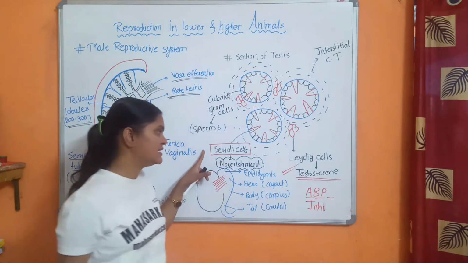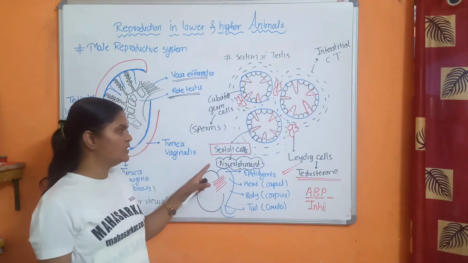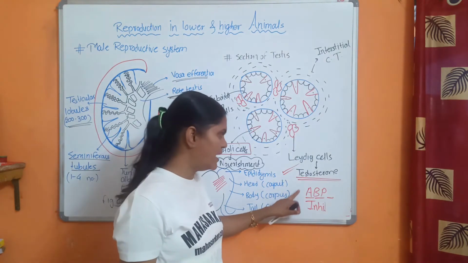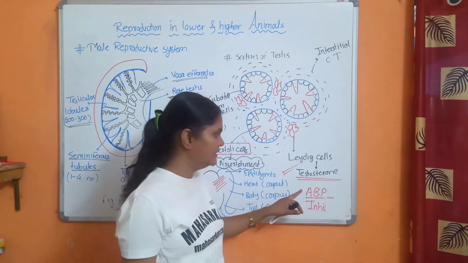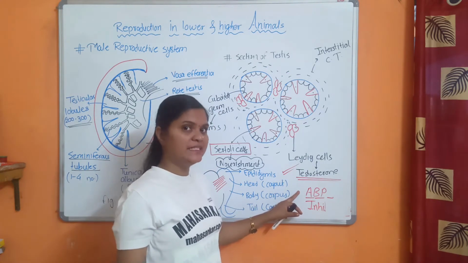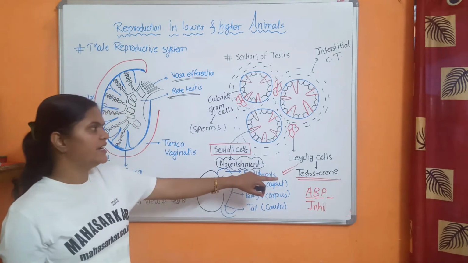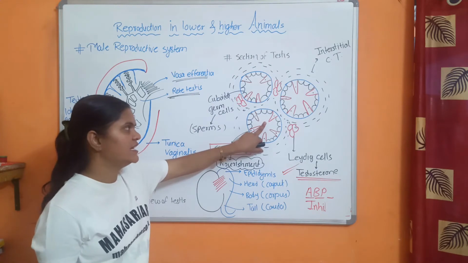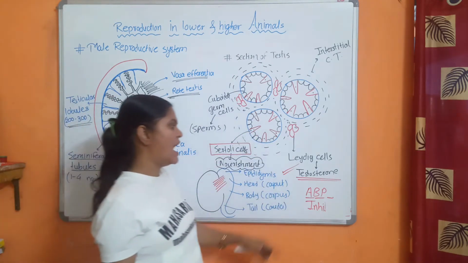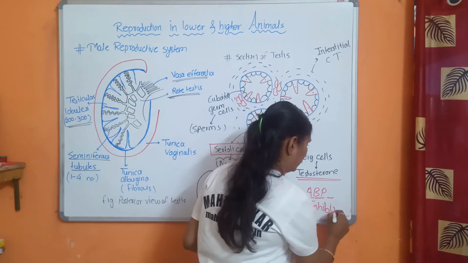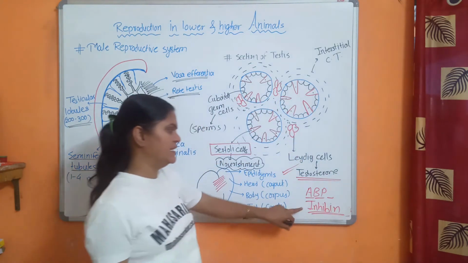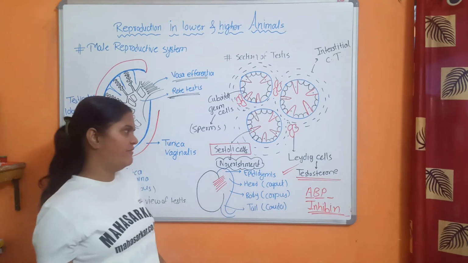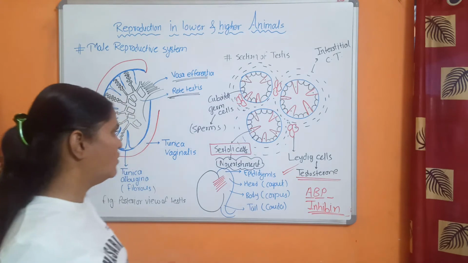So one of the most important functions of Sertoli cells is nourishment, but the second function is that it produces ABP, and this androgen binding protein is essential to concentrate testosterone in the seminiferous tubule. This is essential for the spermatogenesis process, and it also produces inhibin protein, which is essential to stop the activity of FSH. So this is the section of testes.